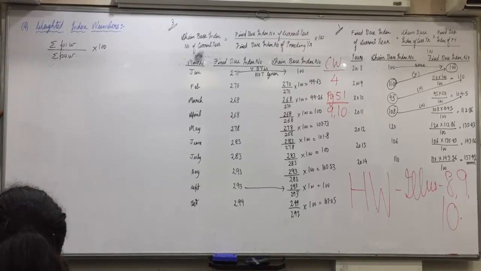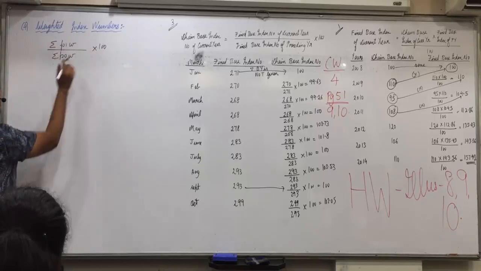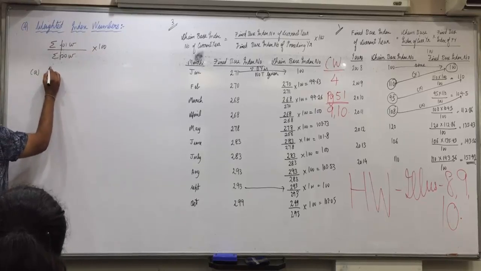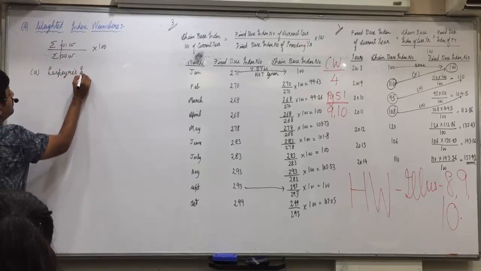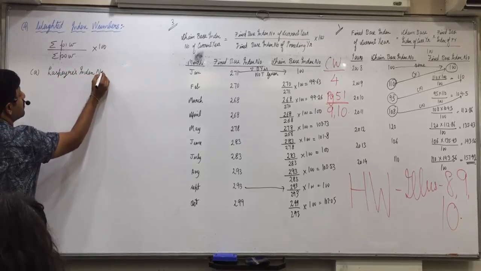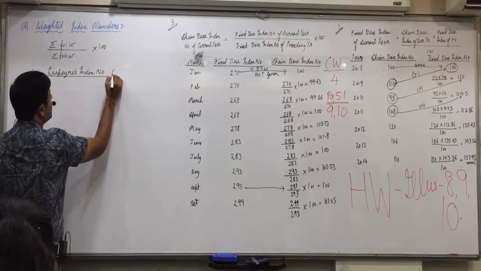But to remember the other formulas, remember this basic concept. That weighted index number is sigma P1 W upon sigma P0 W into 100. Now, there are three weighted index numbers. One is called Laspeyres index number, denoted as IL.